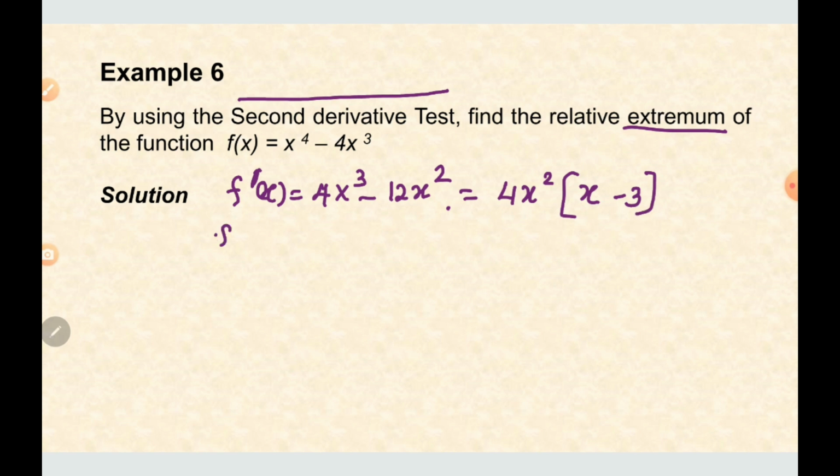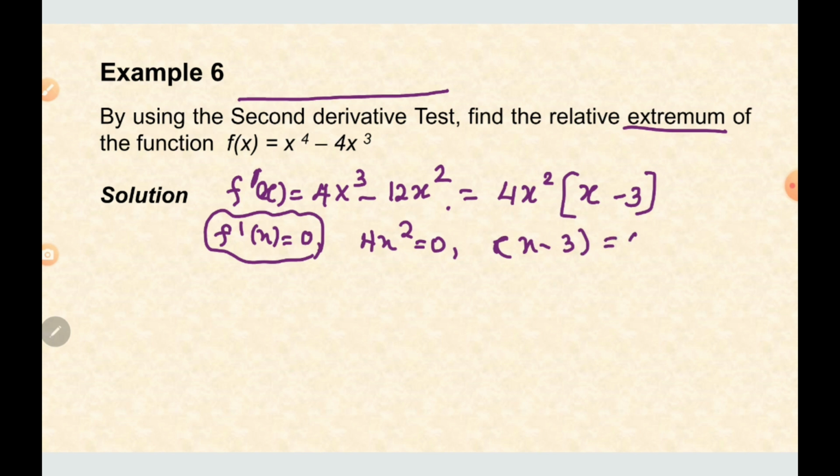If f prime x equals 0, you will get 4x squared equals 0, or x minus 3 equals 0. Therefore, we have x equals 0 and x equals 3.